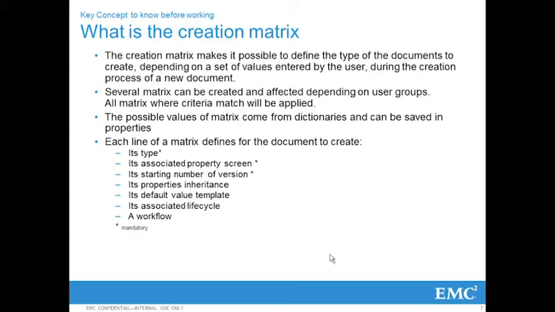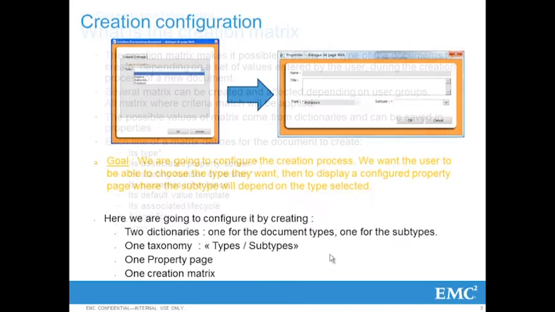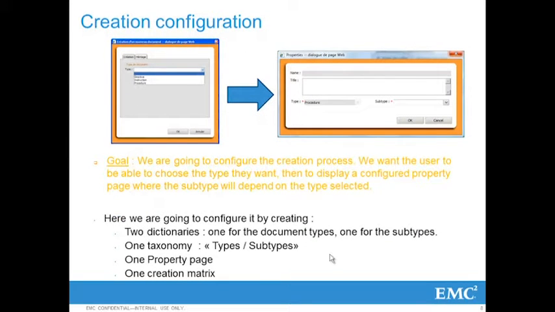Thanks to this creation matrix, we will be able to select the created type, the used property screen, and the starting number of version. So the goal right now is to be able to see this configuration screen, and when we have selected one of those values here, to see the property page right here.